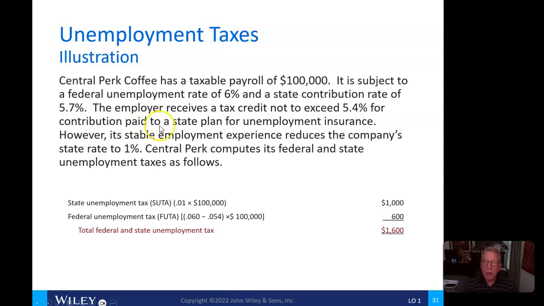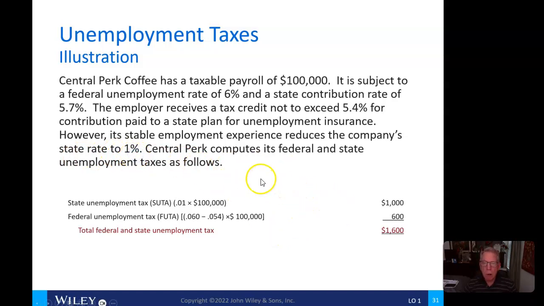The employer receives a tax credit not to exceed 5.4% for the contribution paid to the state plan for that unemployment insurance. However, its stable employment experience reduces the company's state rate to 1%.